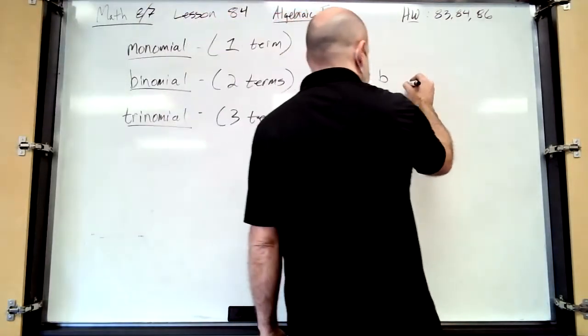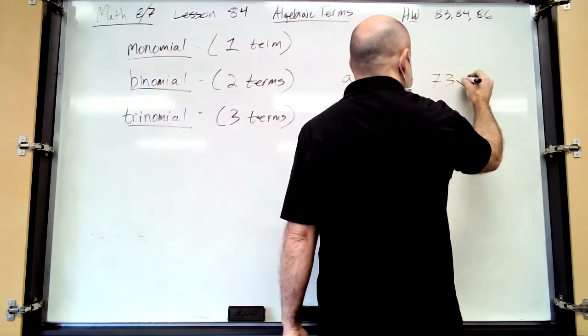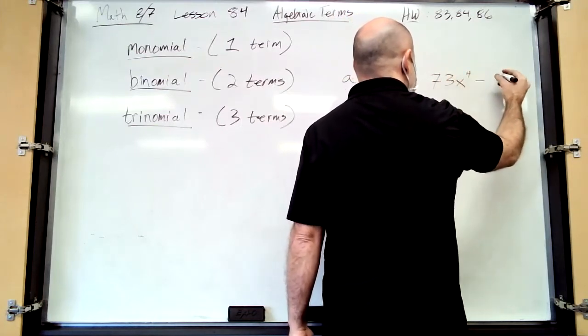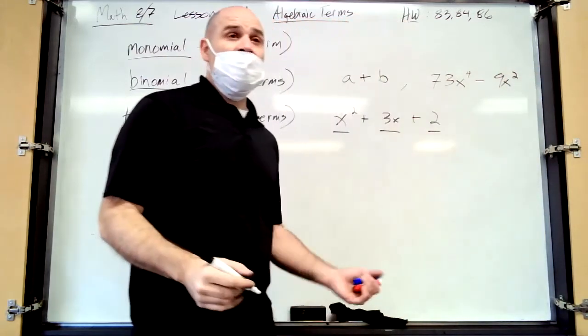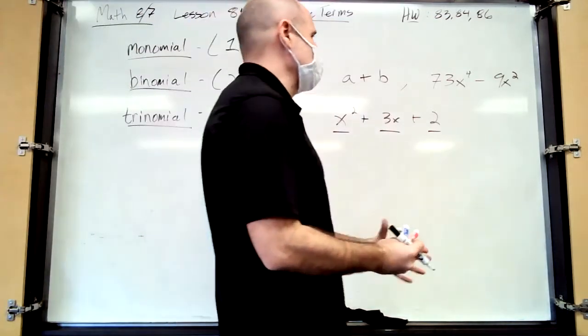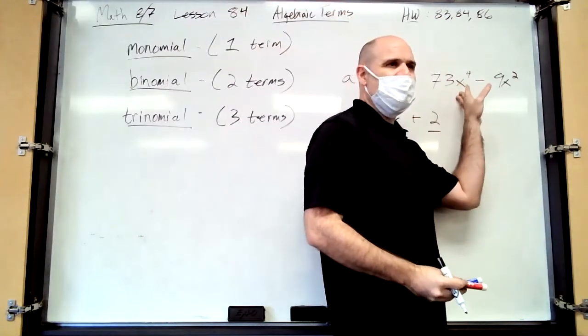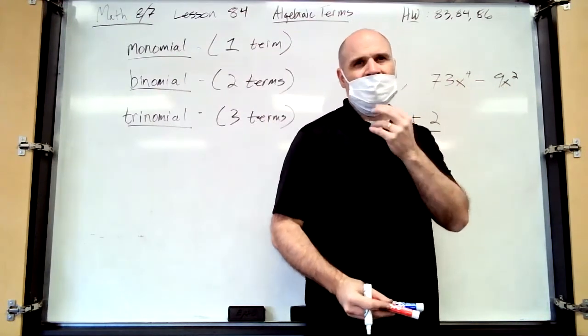Okay, you could do 73x to the 4th minus 9x squared. That is a binomial. There's only 2 terms on there. Even though they look funny, they have exponents, there's multiplication happening, but there's only 2 things being subtracted.